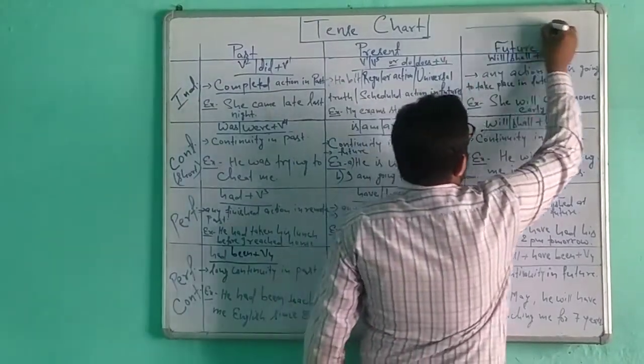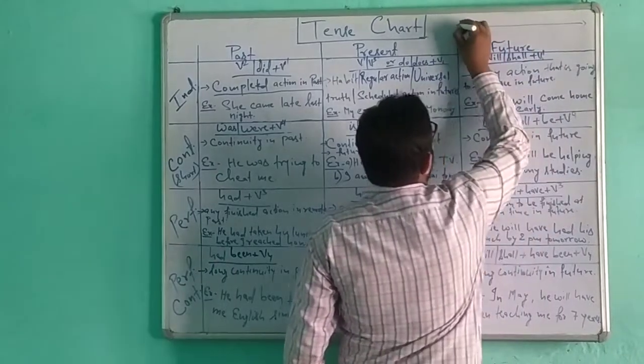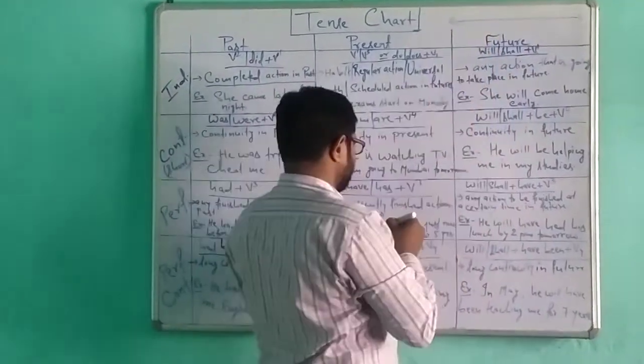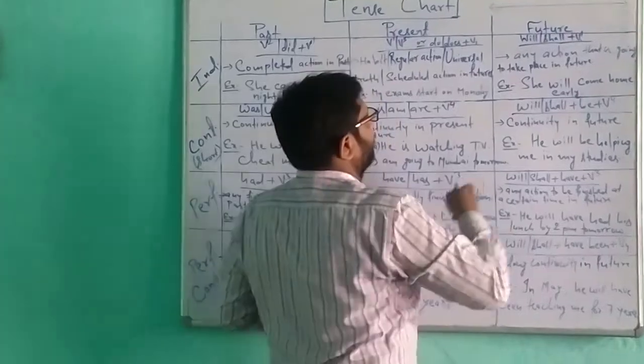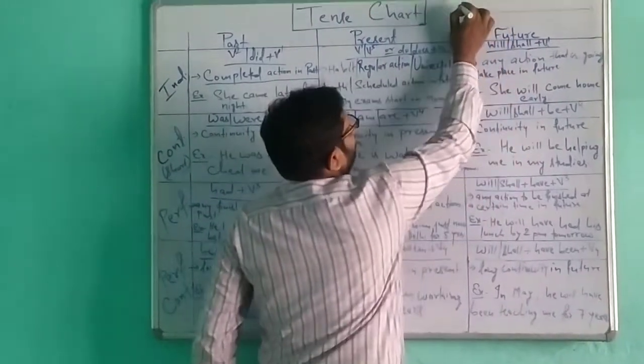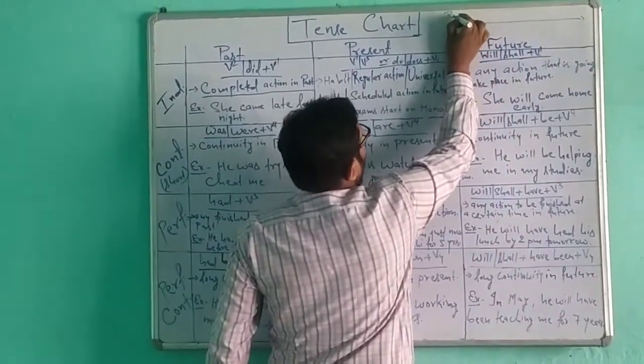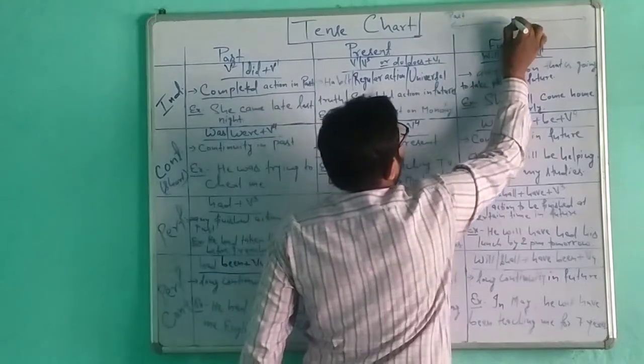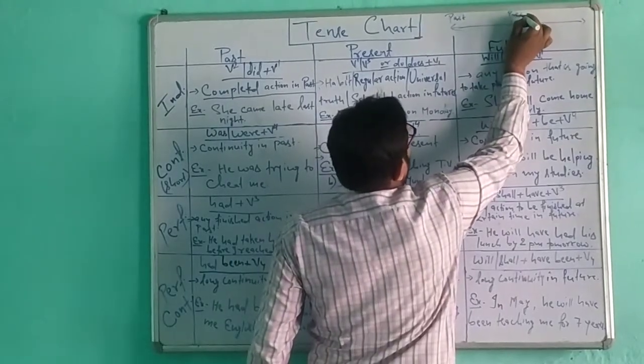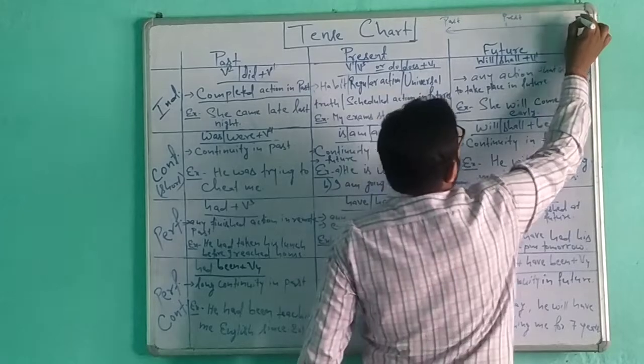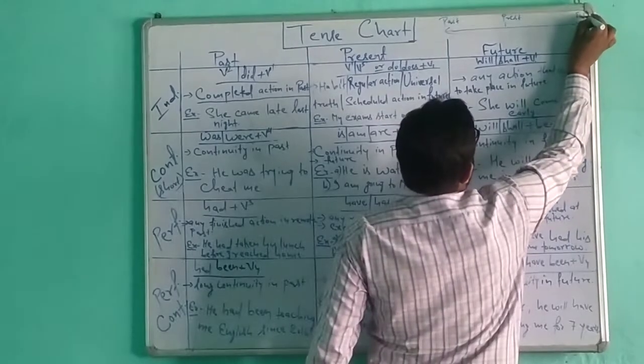You can understand this with the help of this short timeline I'm talking about here. This is past, this is present, and this is future.